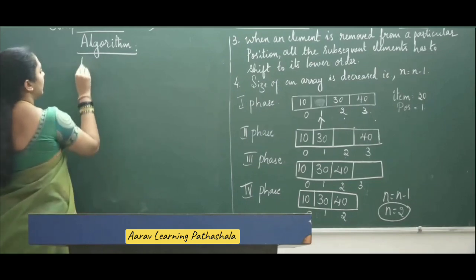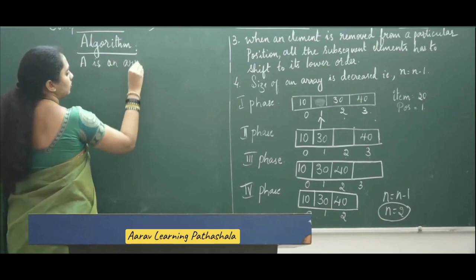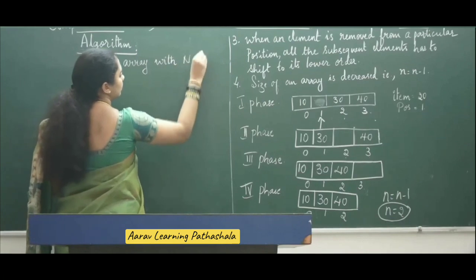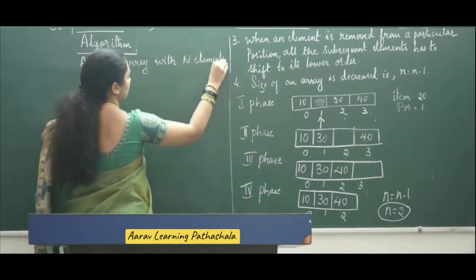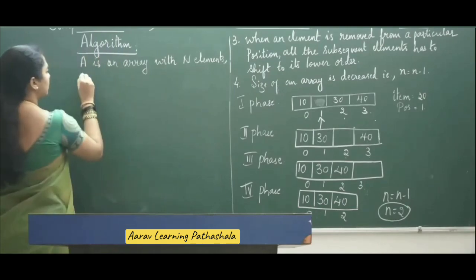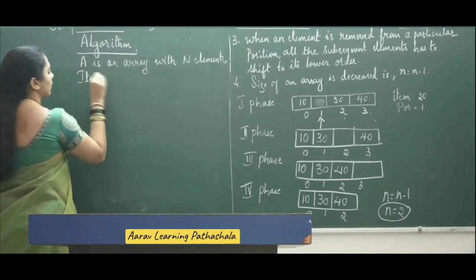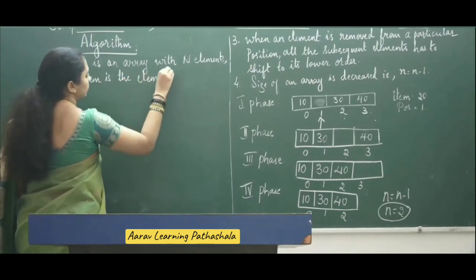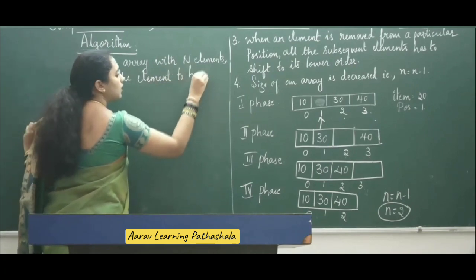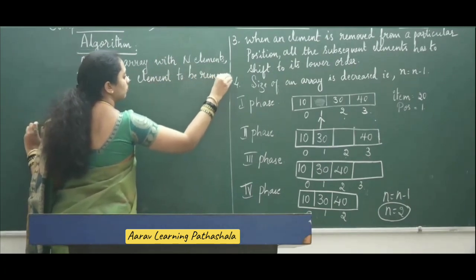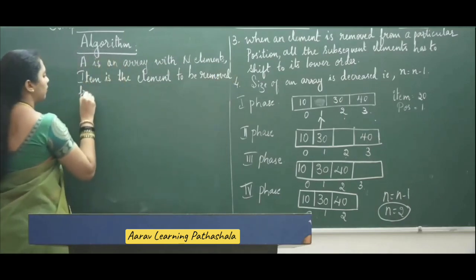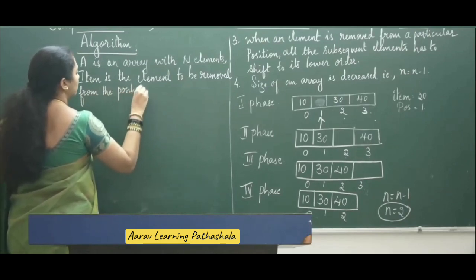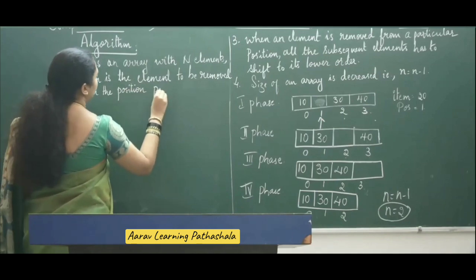So here A is an array with n elements, an item is the element to be removed from the position POS.